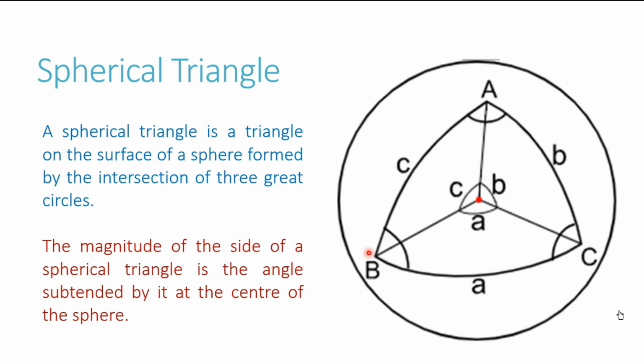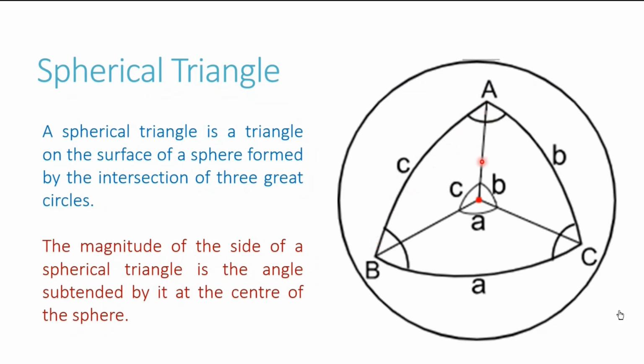To understand that, for easy understanding, the magnitude of the side of a spherical triangle is basically the angle subtended by it at the center of the sphere. So let's take, for example, side AB. You can see this is side AB.